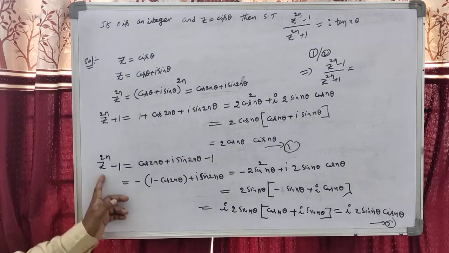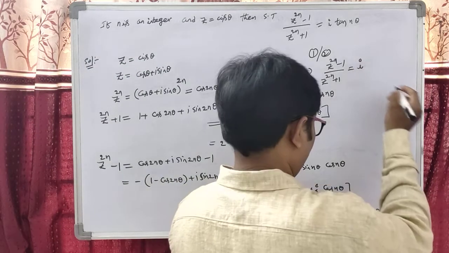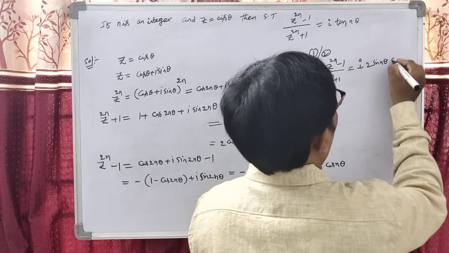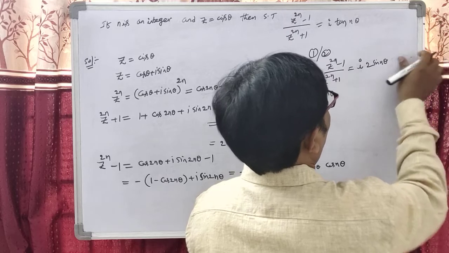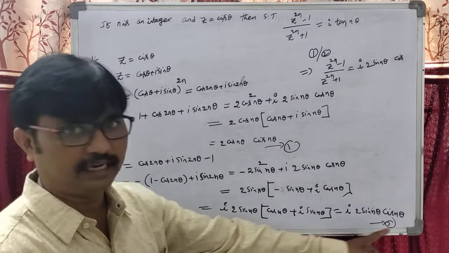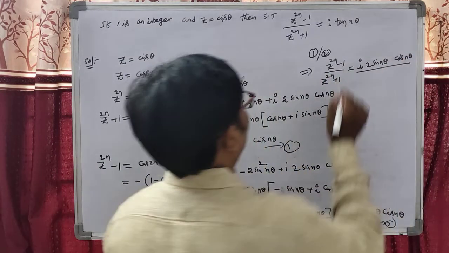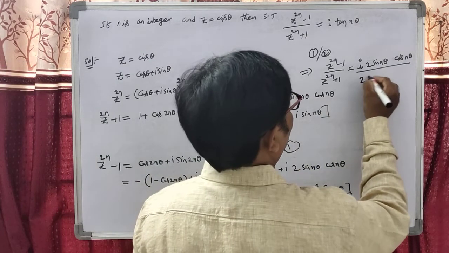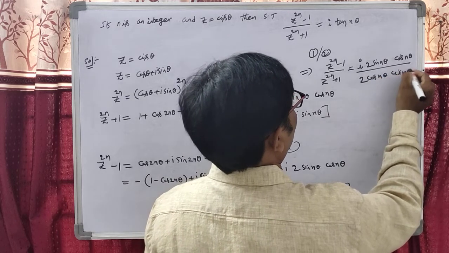Z power 2n minus 1 is I into 2 sin n theta cis n theta, upon z power 2n plus 1 is 2 cos of n theta cis of n theta.